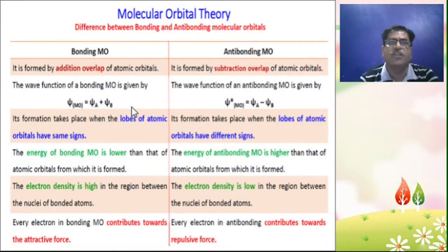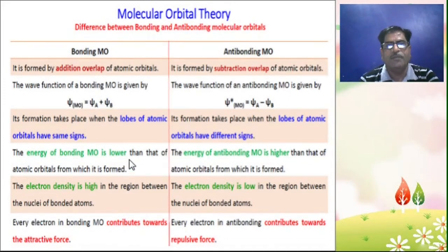The wave function of bonding MOs is given by psi MO equals psi A plus psi B. The wave function of anti-bonding MOs is given by psi star MO equals psi A minus psi B. A BMO forms when the lobes of atomic orbitals have the same signs, while an ABMO forms when the lobes have different signs.